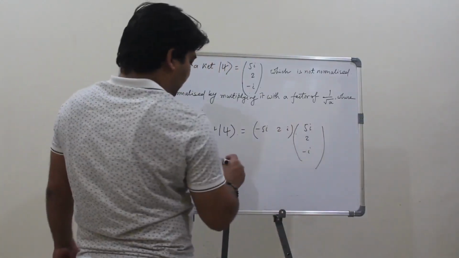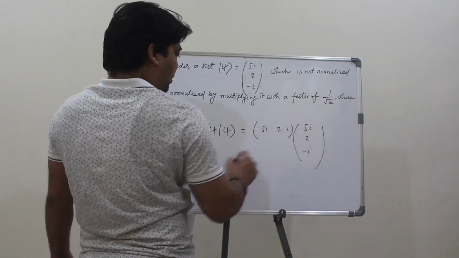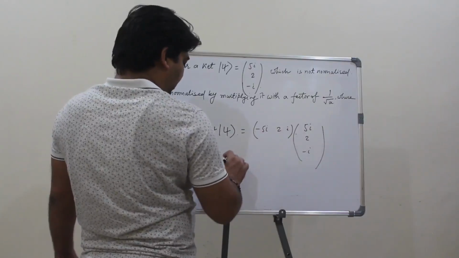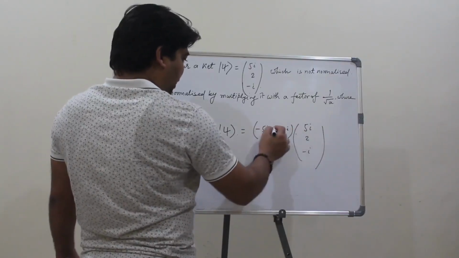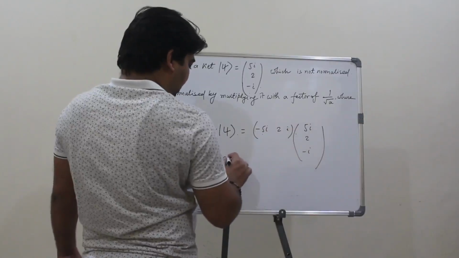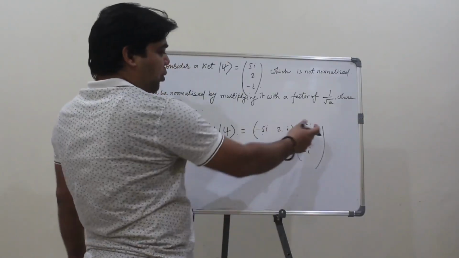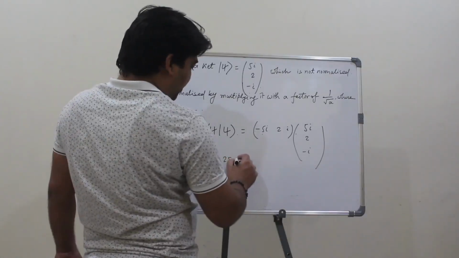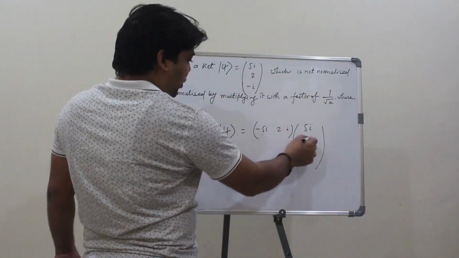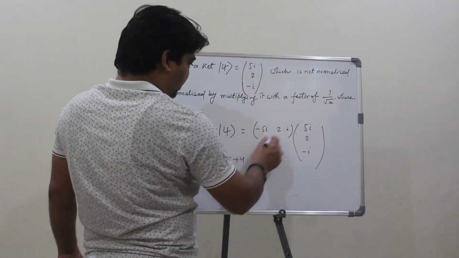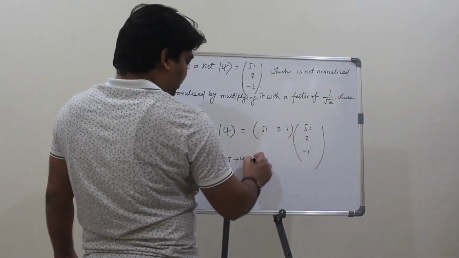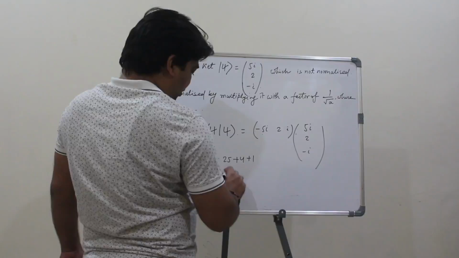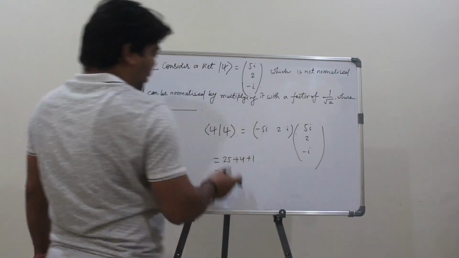Now just take the multiplication. It is 5 times 5, 25, minus i times minus i, i squared is minus 1, multiplied by 1. It gives you 25 plus 4, and this plus 1. It gives you 30.